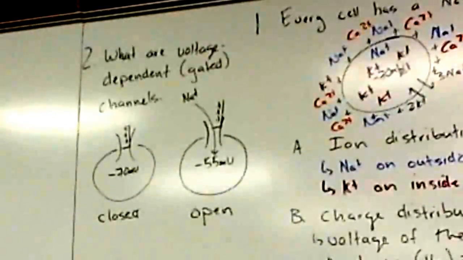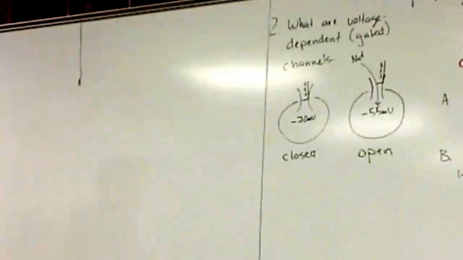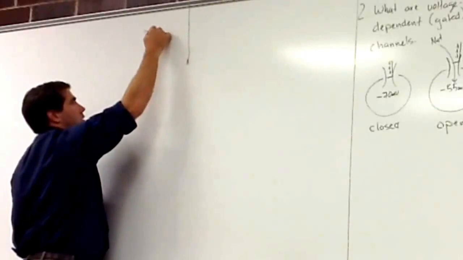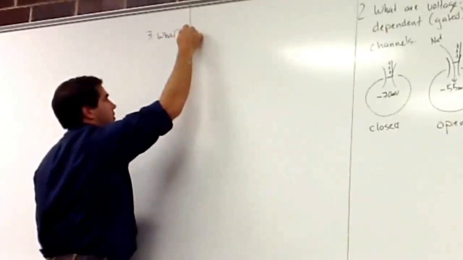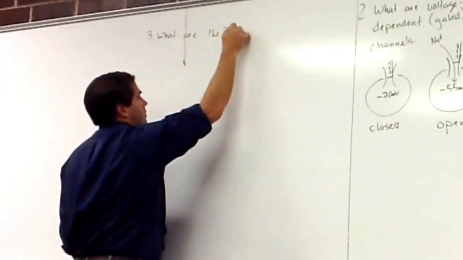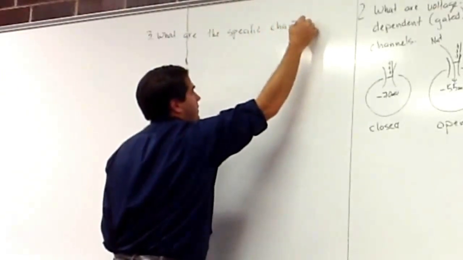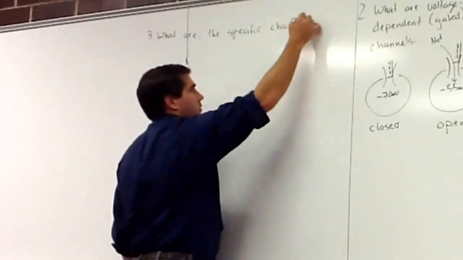So the key at that point is just recognizing that certain channels can open when they get to a certain voltage. The third part of that then is, what are the specific channels? And we're going to kind of list them out in table form.